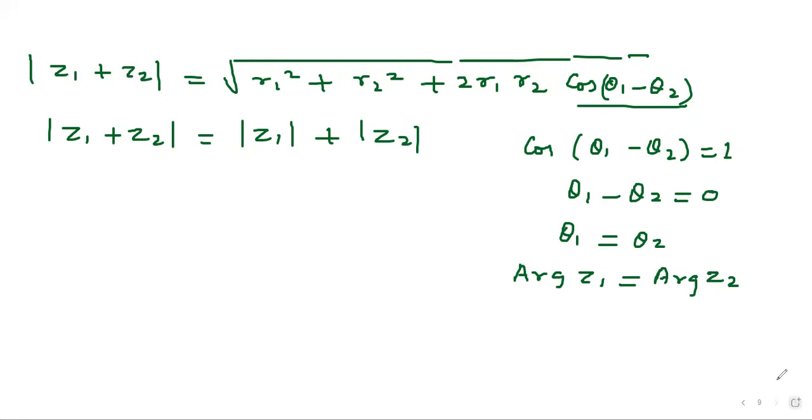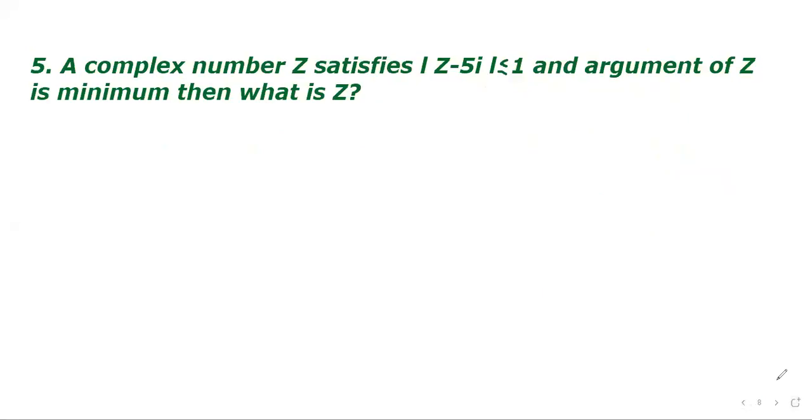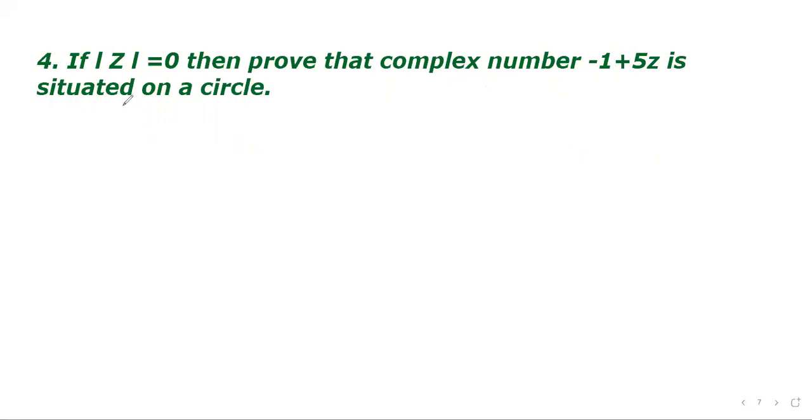Now, let's see next question. If modulus Z equal to 2, then prove that complex number minus 1 plus 5Z is situated on a circle. So let's consider its solution.